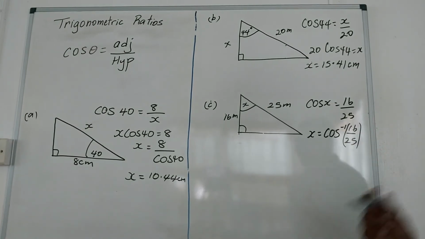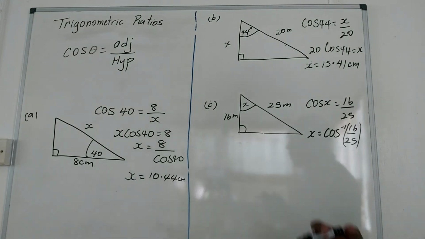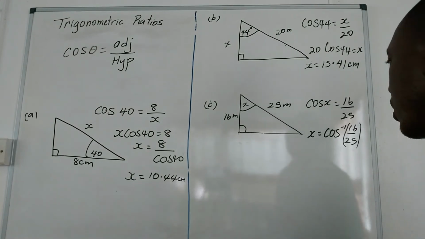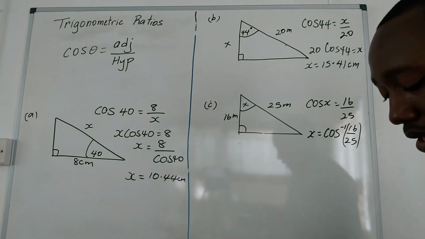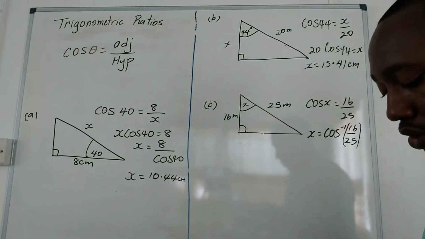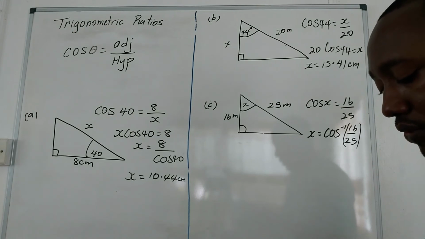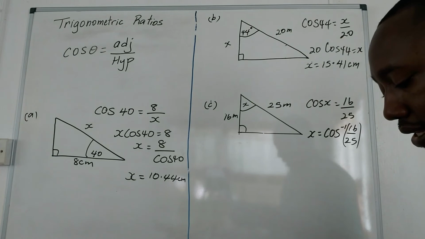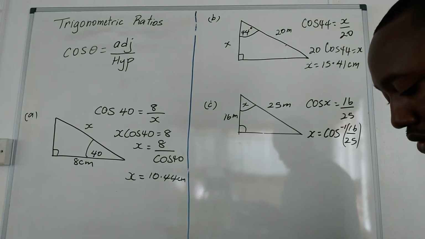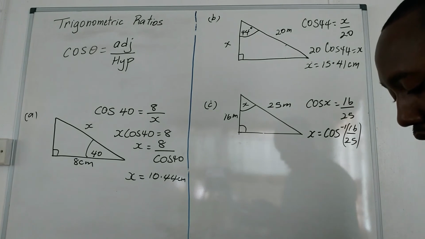And again, I encourage you when you do it to put it in brackets. So second function cos, bracket 16 divided by 25.